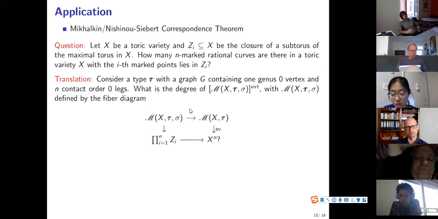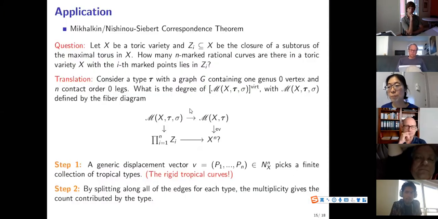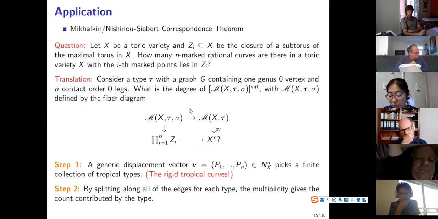The strategy we're using is embedded in the idea, as we mentioned before, that virtually this will be an idealized logarithmic map, and over here this is exactly a toric morphism.